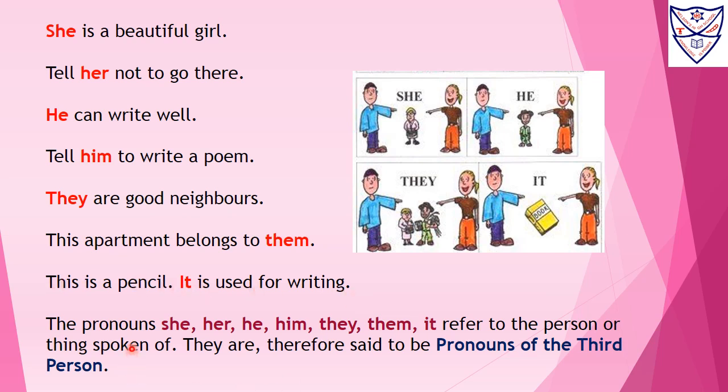So the pronouns he, she, her, him, they, them, it refer to the person or thing spoken of, about whom we are talking. It can be a person or a thing. They are therefore said to be pronouns of the third person. If we are talking about some person or something, they are said to be pronouns of the third person.